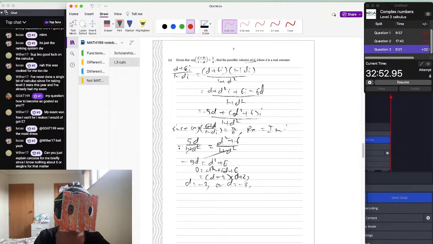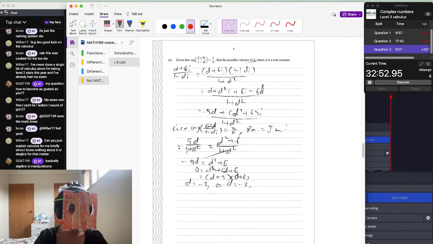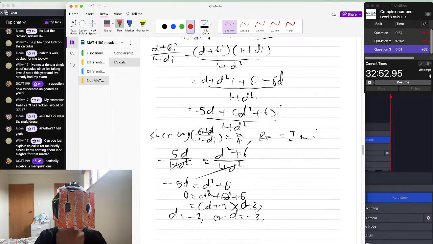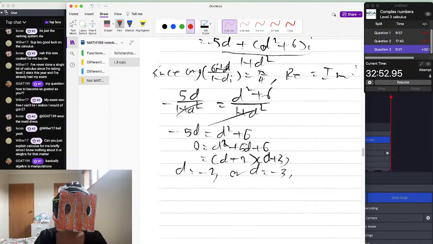But if you really want anything further than that, then you can maybe DM me on Discord. Yeah, basically algebra is manipulations.